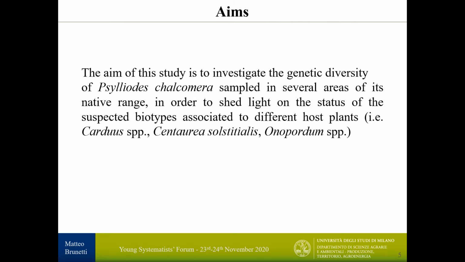In order to further characterize the three suspected biotypes of Psylliodes chalcomera associated with different host plants, we planned this study that aims to investigate the genetic diversity of populations of Psylliodes chalcomera associated with different host plants and collected in several areas of the native range of this species.